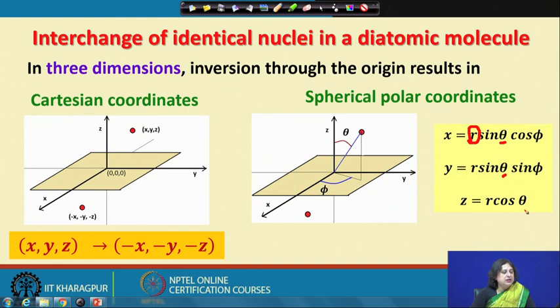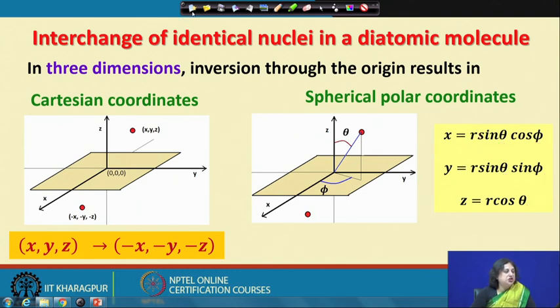So, this is where it appears in the relationship between x, y, z and r, theta, phi, and there is another coordinate. If you take a projection of this vector on the x y plane and then find out the angle made by this particular line, which is the projection of this r vector on the x y plane, that is phi, and phi also appears in the relationship between the two sets of coordinate systems, but z is independent of phi.